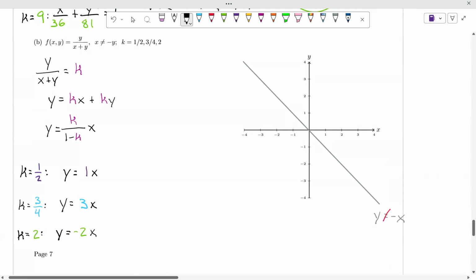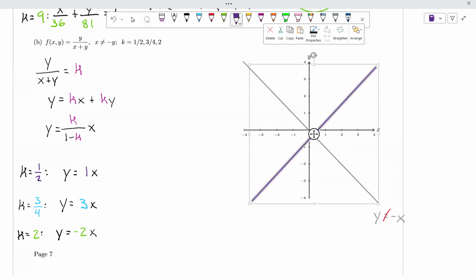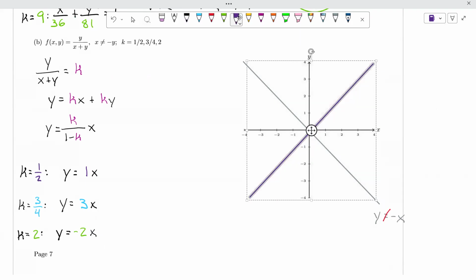So let's go draw those graphs in. First off, y equals x. Something about here, and I'm going to adjust some of these so that they actually do pass through the origin. It's a little sloppy in the last graph, but they've got to at least go through the origin. For the blue line, it's got a slope of 3.